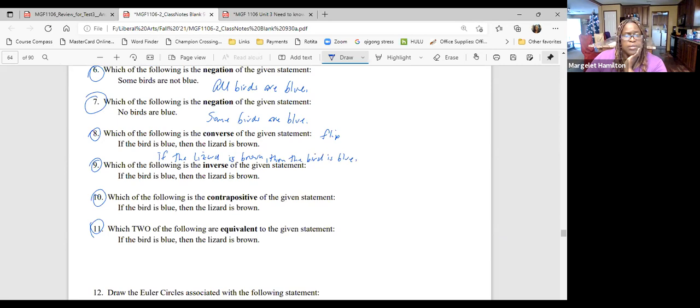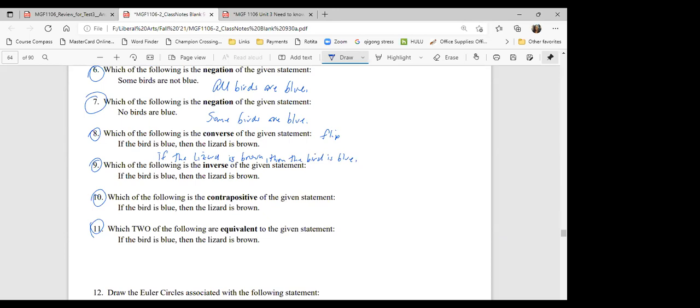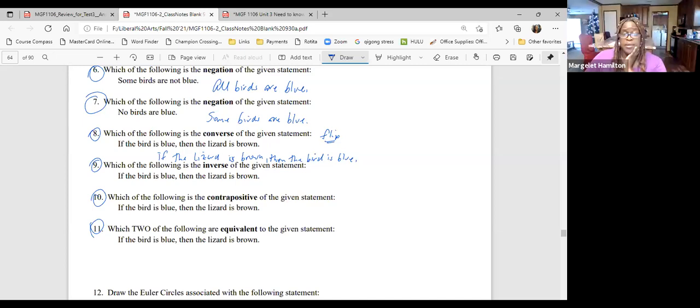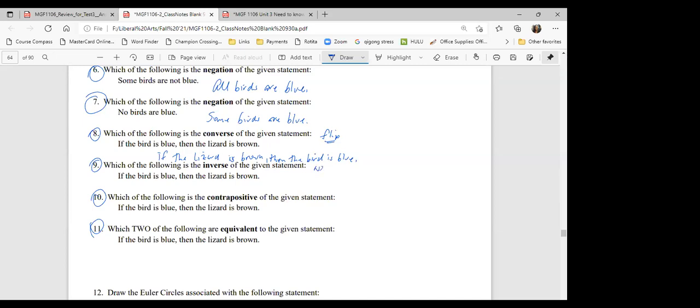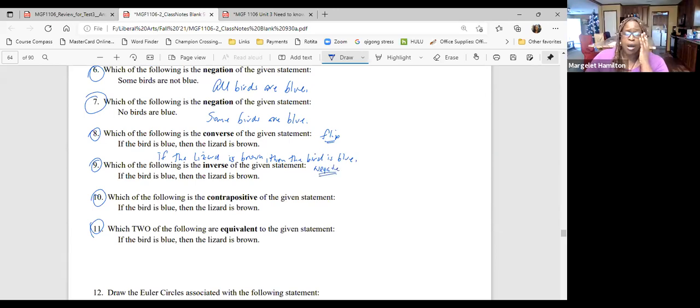All right. But what about the inverse? You leave them in the same spot, but negate them. Okay. Perfect. You got to negate. Leave them where they are. Just negate them. Still an if-then.